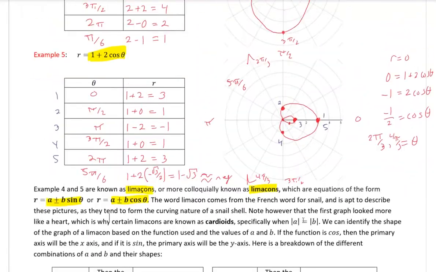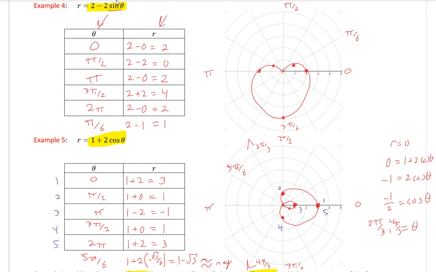Furthermore, before I go to those examples, if we notice sine here, that means that the larger part of the graph I draw is going to be on the y-axis, which is what we're familiar with for sine. And since we have cosine here, the bigger part of the graph is on the x-axis, which is what we would be familiar with for the x-axis.